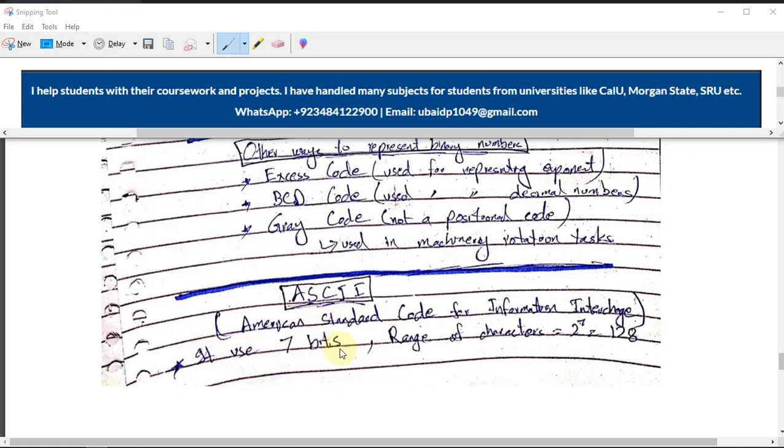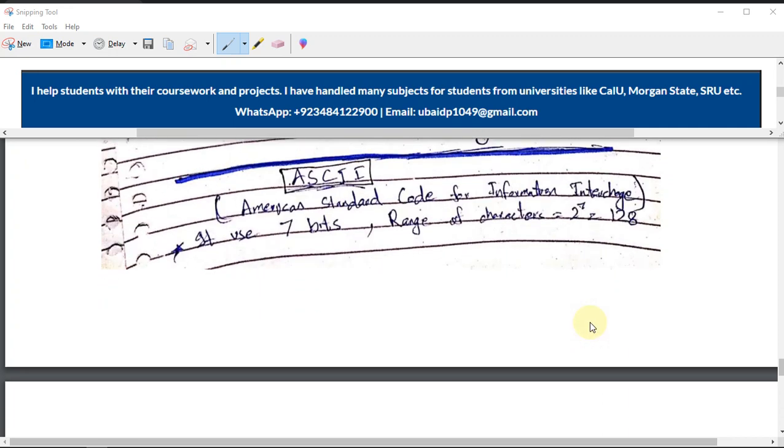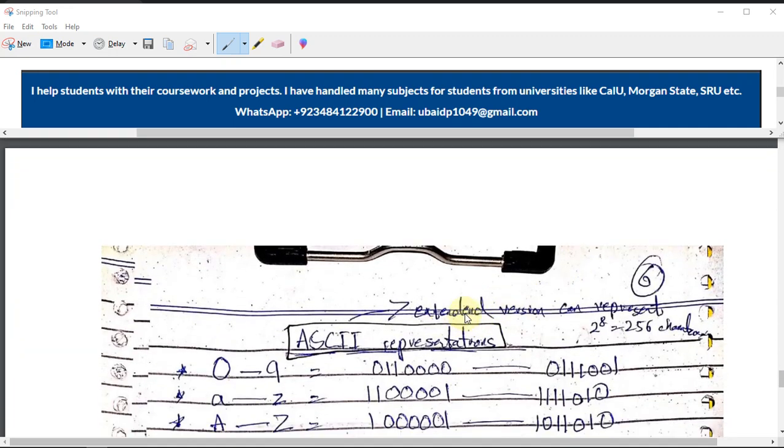It uses 7 bits. The default ASCII standard uses 7 bits, so you can guess the number of characters it can represent is 2 to the power 7. And there is an extended version of ASCII which can represent 2 to the power 8, so 256 characters, right?